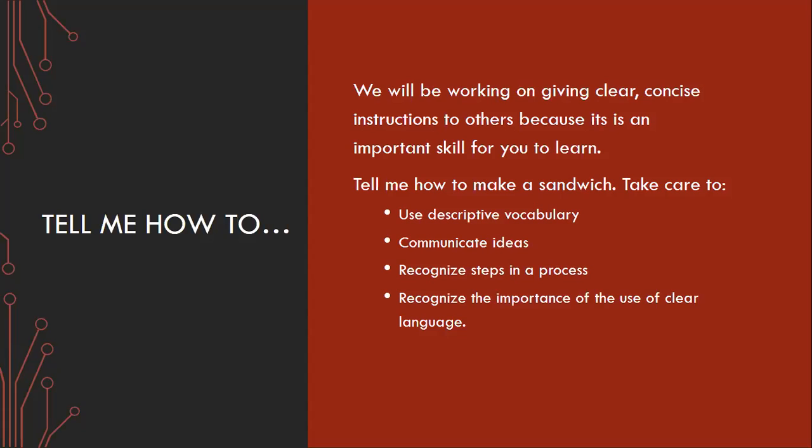What you have to realize is how specific they are. Those of you that are saying get 2 slices of bread, that's good. It's specific. But then you go into saying something like put the mayo on the bread. How?